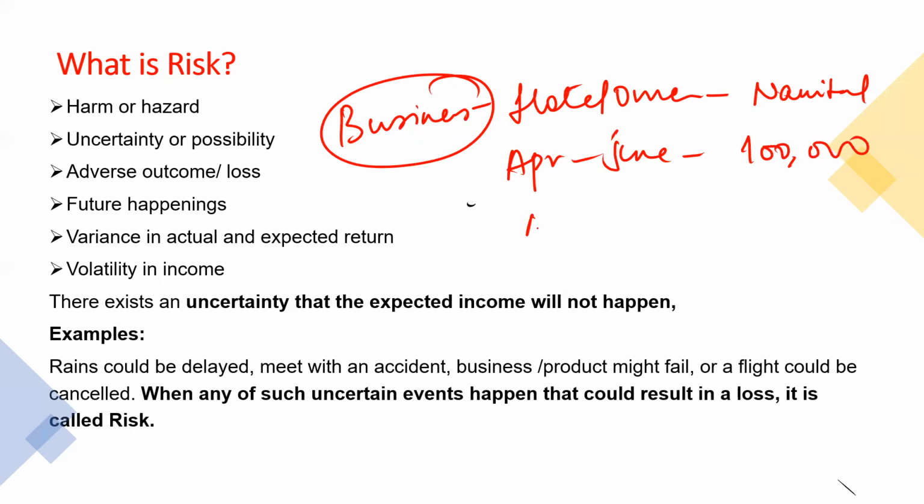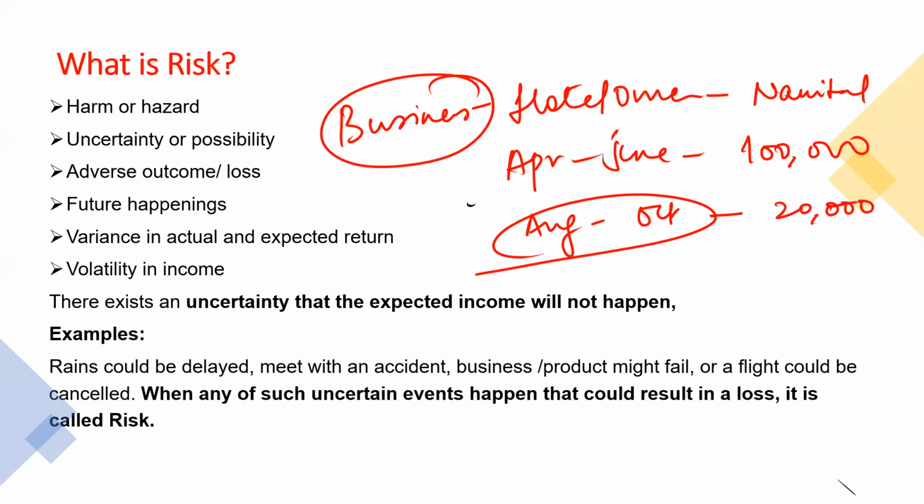On the other hand, from August to October, there were heavy rains, a lot of rainfall, landslides. The income was only 20,000 rupees. Now, what has happened? There is a high variability in income and therefore there is a high risk. So for a businessman, the variability in income is very high. So there is a lot of risk involved.